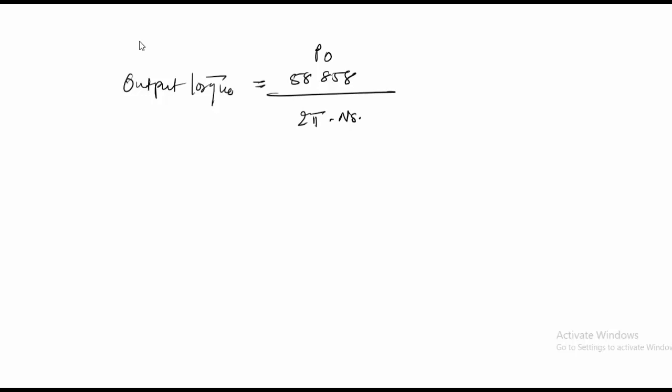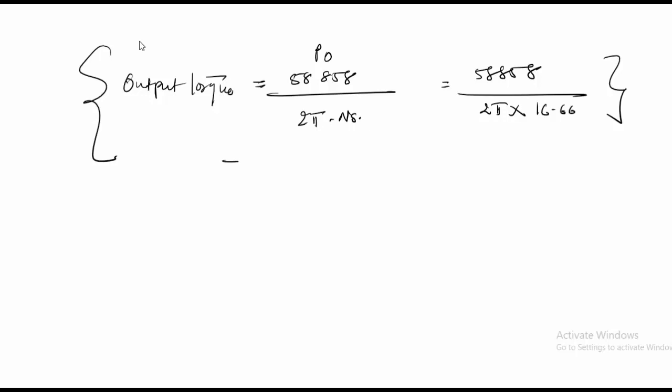So this is equal to 58858 divided by 2 into pi into 16.66. This is a different machine which I have taken, and this is close to 562 Newton meter.